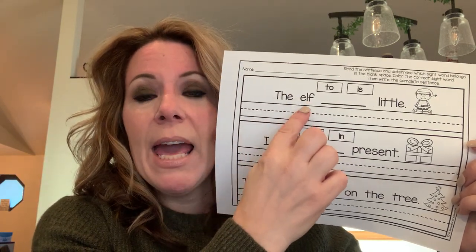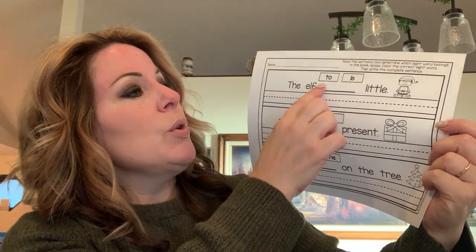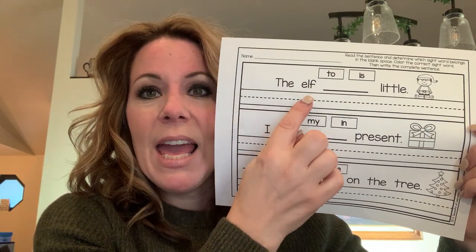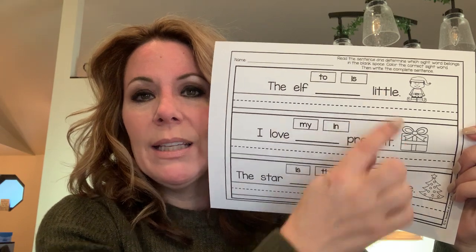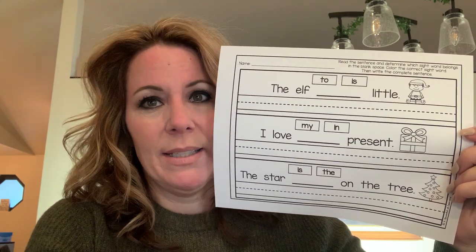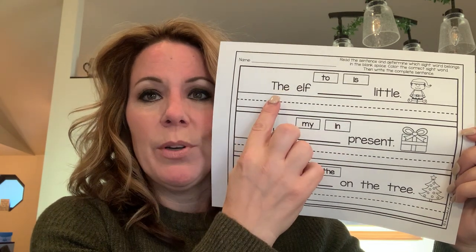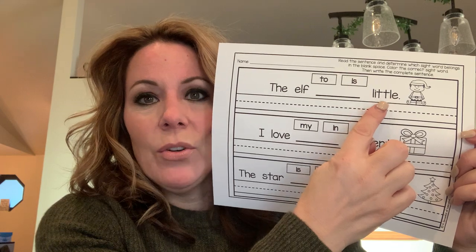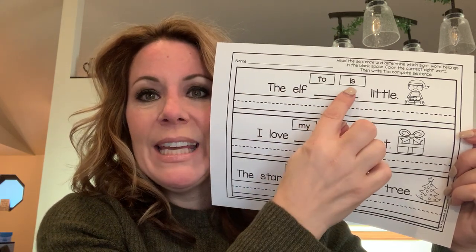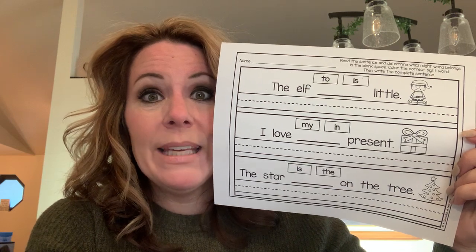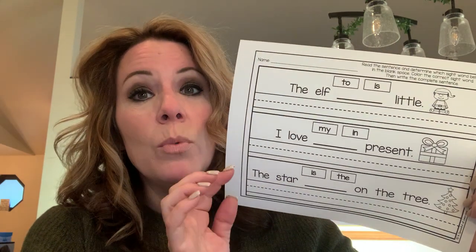So the elf, too little. Does that make sense? Not really. Let's try the next word. Ready? The elf is little. Does that make sense? Yeah, it does. It makes a whole lot more sense.